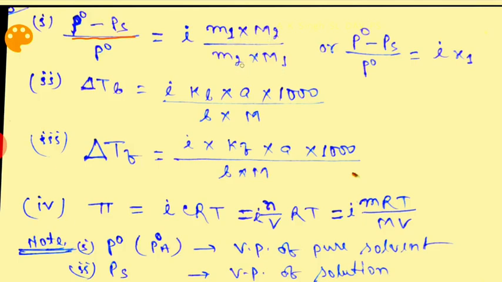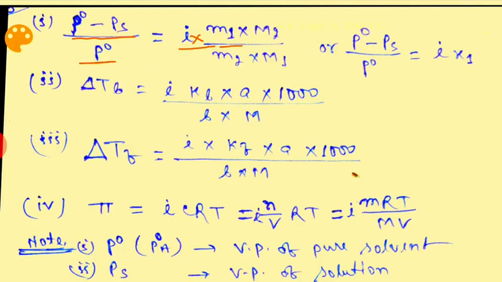Now it is written I into M1 into M2 by M2 into M1. Only I is attached in it. This is the modified equation of relative lowering of vapor pressure.